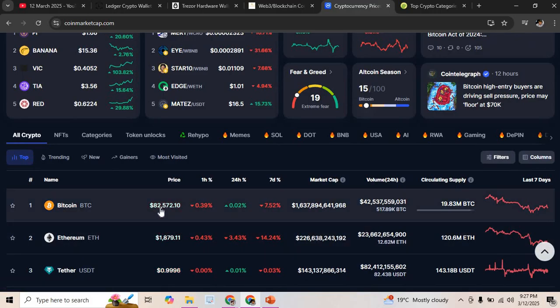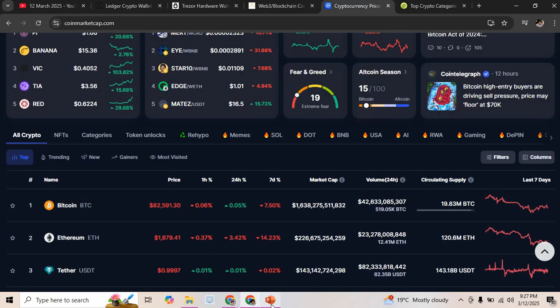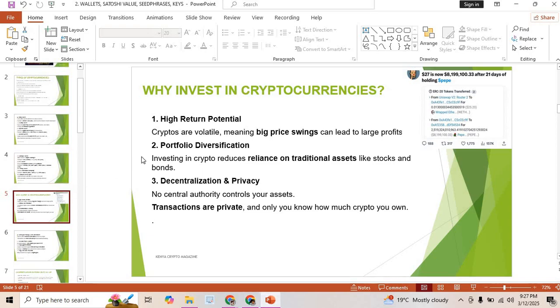So if you invested 20K in 2023, that was around 2.5 million Kenya shillings, right now you'd be sitting on about 10 million Kenya shillings. That's like 5x on your returns.